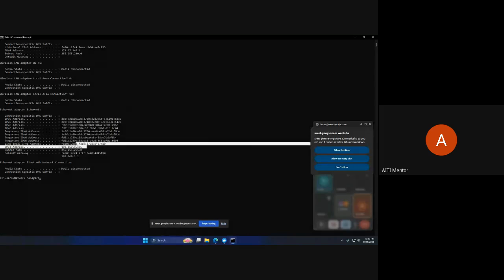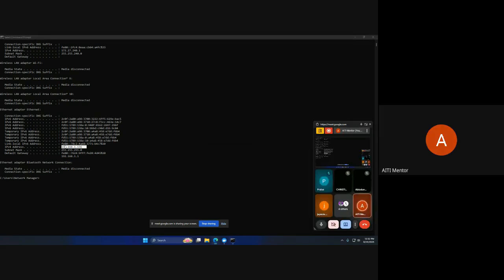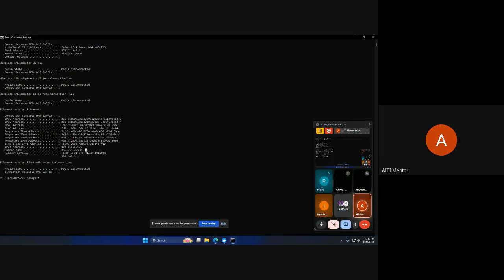It is 192.168.1.136. Can we see that? Yes, we can. Now, you can also see that the subnet mask for this is 255.255.255.0, right? Yes.